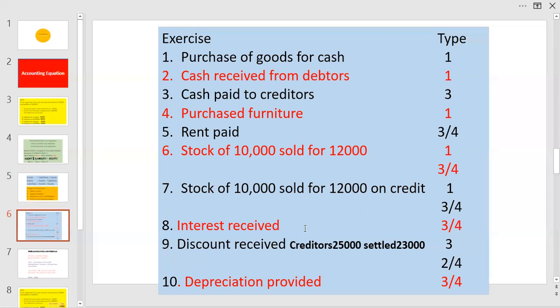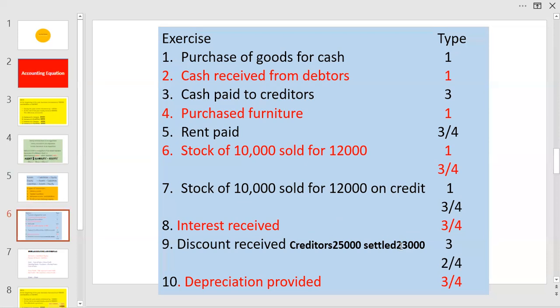Eighth one, interest received. Cash, an asset, has gone up. The interest is an income, has gone up. Income belongs to equity only, therefore this will get added to equity. Ninth, discount received. We have paid a creditor of 25,000 in full settlement by 23,000.